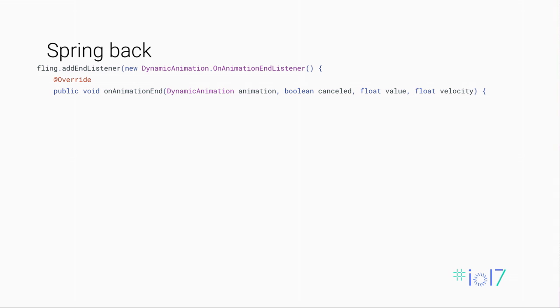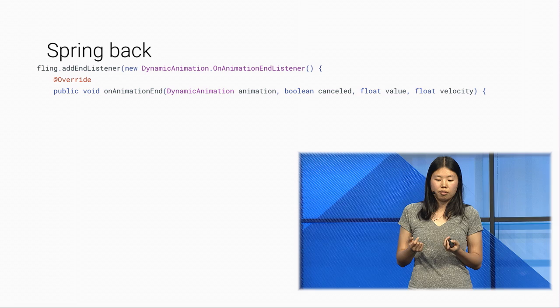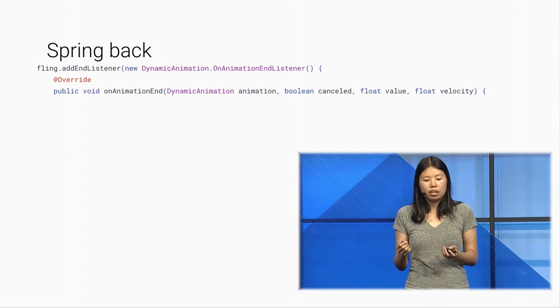So in order to start a spring animation right after the fling animation, here we're going to use an on-animation update listener. Once the fling animation finishes, we'll receive this on-animation end callback with a fling animation and whether or not it's canceled, and then the scrolling value and the scrolling velocity.